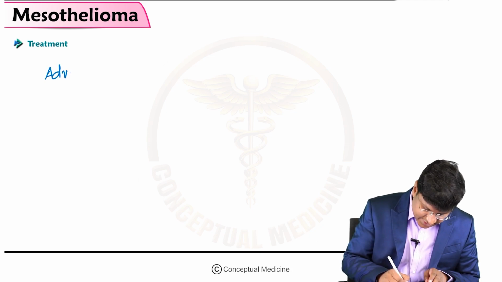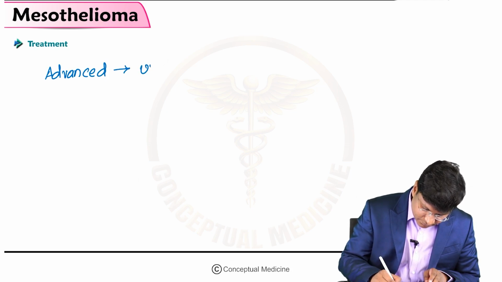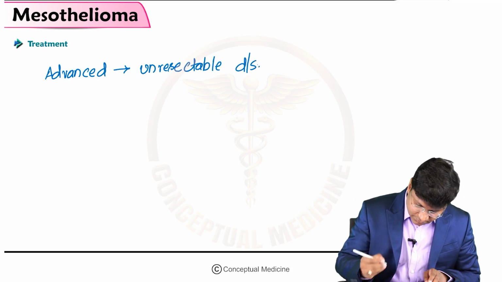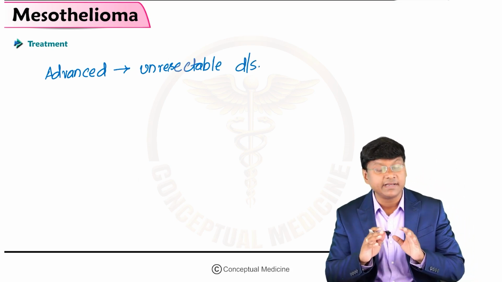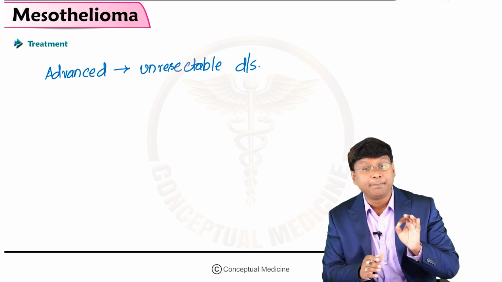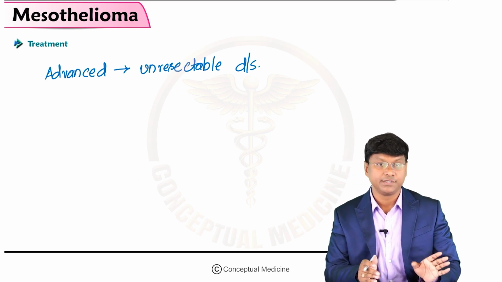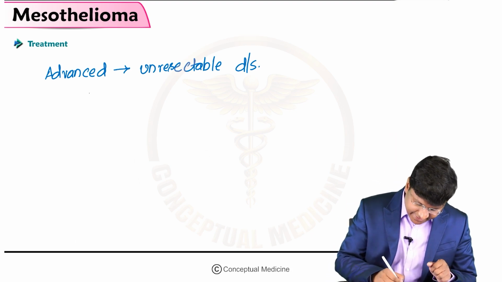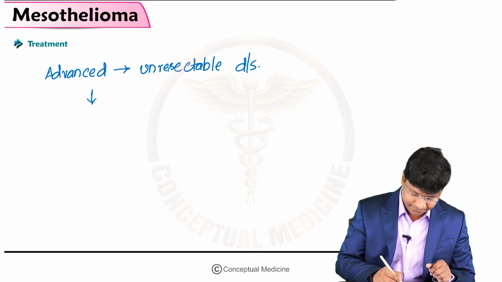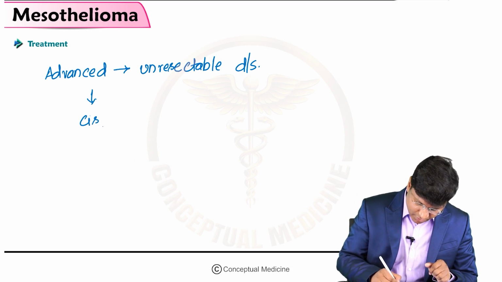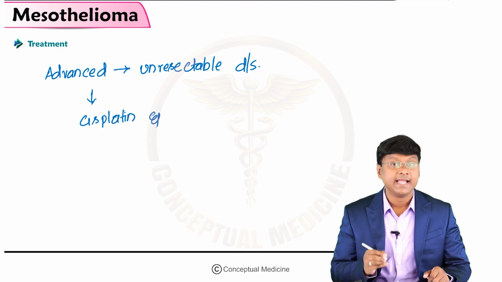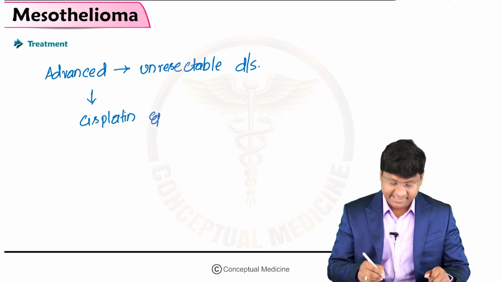In advanced unresectable diseases, palliative chemotherapy should be given, and that palliative chemotherapy includes a combination of cisplatin and pemetrexed.